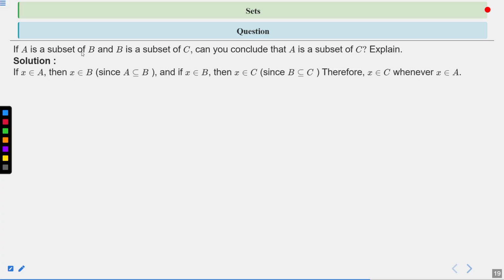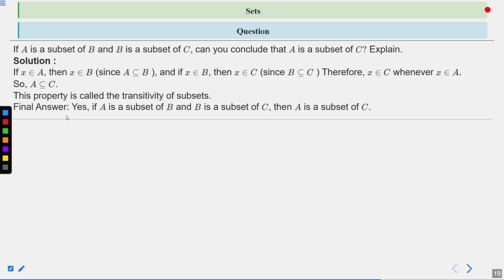From the given condition, if X belongs to A, then X belongs to B, because A is a subset of B. And if X belongs to B, then X is also going to be inside C because B is a subset of C. Therefore, we started from a member of A and concluded that that member belongs to the set C. So, we have X belongs to C whenever X belongs to A. So, indeed, A is a subset of C. This property is called transitivity of a subset.